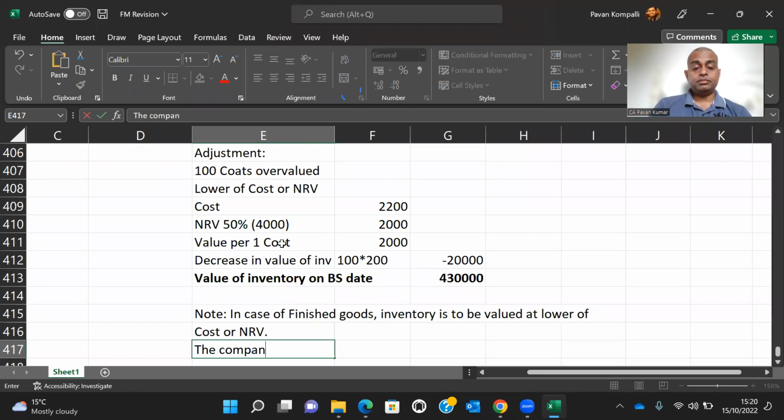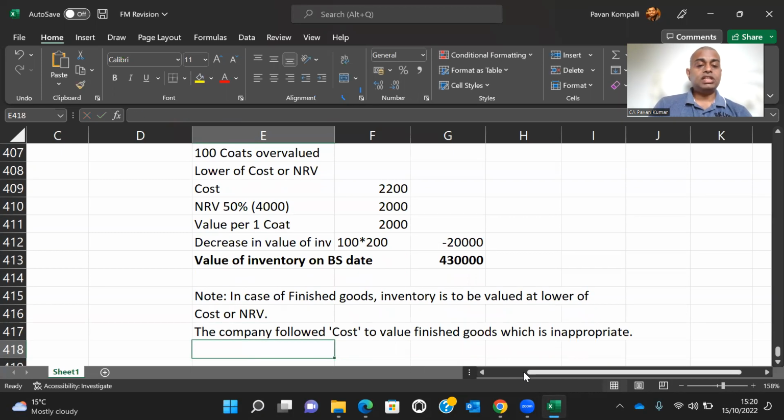The company followed cost to value finished goods, which is inappropriate.